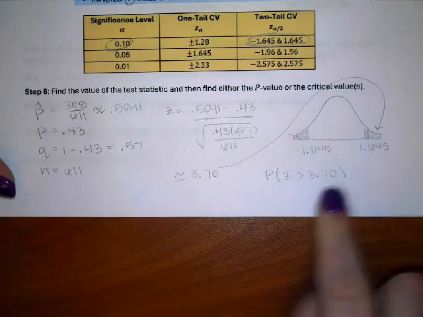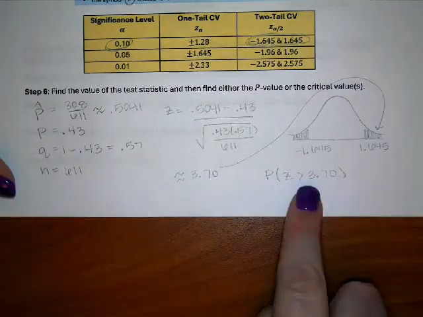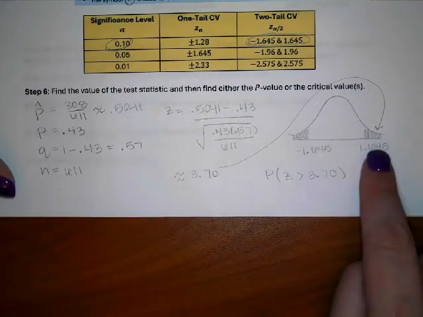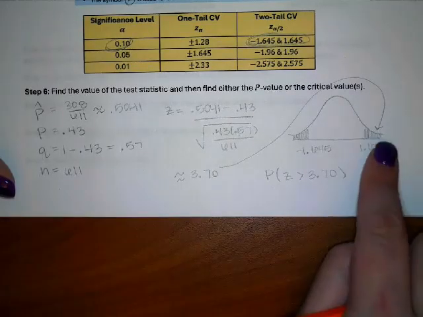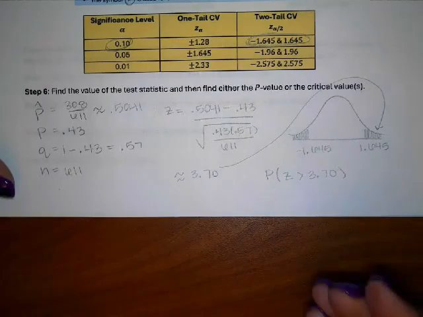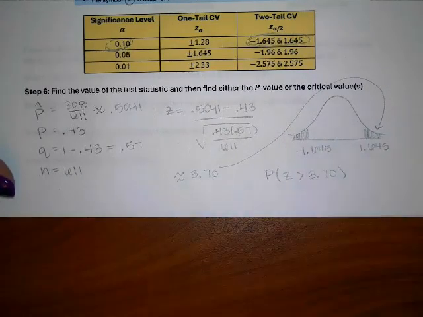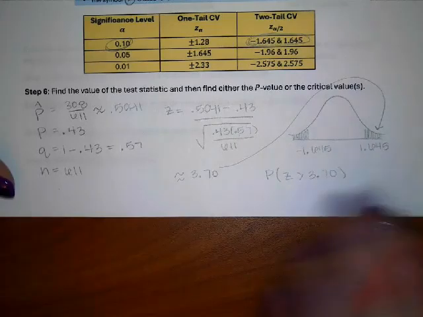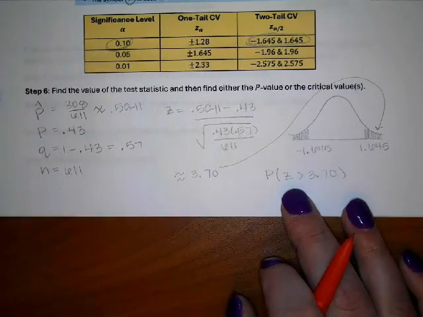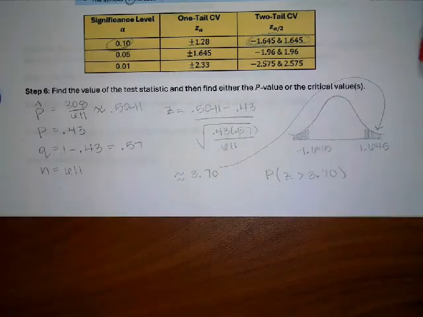I'm saying the probability that z is greater than that value as opposed to less than that value because I'm comparing it to the larger of the critical values, not the smaller one. If it had been negative 3.7, then I would have compared it to the smaller one and used a less than sign. All right, so the probability that z is greater than 3.70 is what I'm looking for, and I'm going to go ahead and grab my standard normal distribution table.